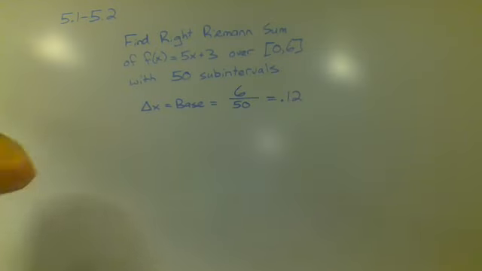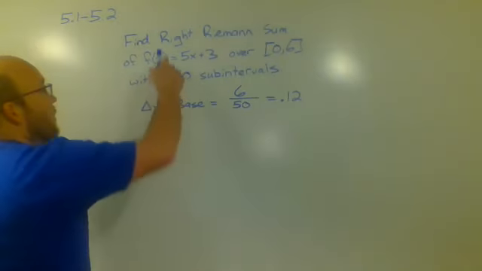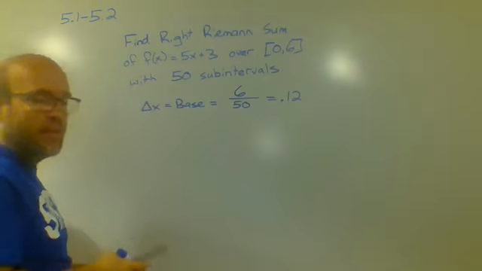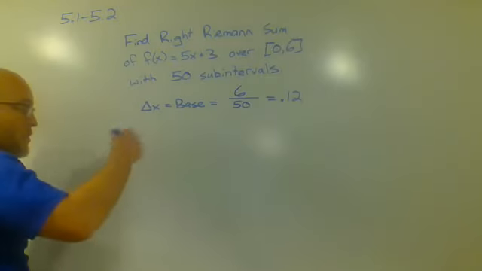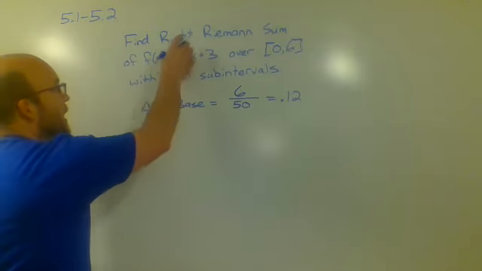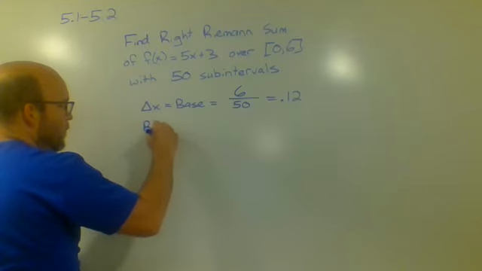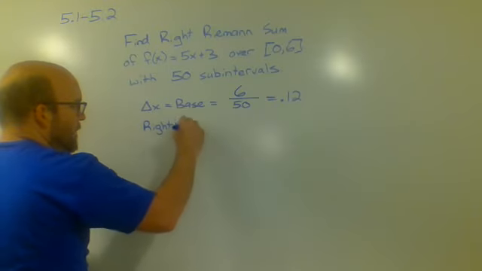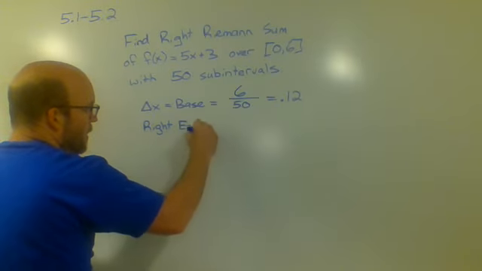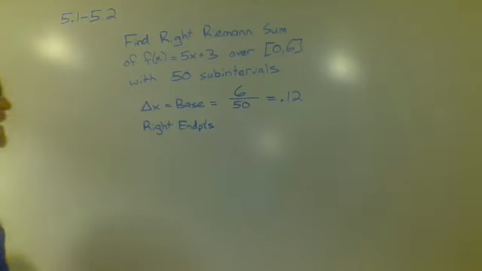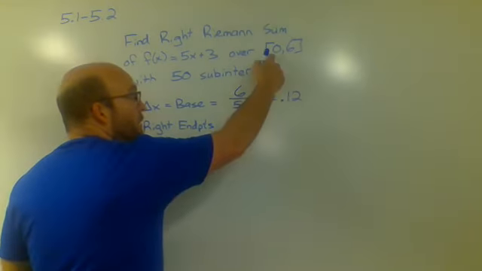And then keep in mind that we're looking at right endpoints. So before I listed out all the endpoints, just because we were doing 3 different Riemann sums, I wanted us to be able to visualize what was going on. If we're looking at the right Riemann sum, then all I really care about are the right endpoints so that I can evaluate the function repeatedly. Okay, but the right endpoints, 0 is a left endpoint.